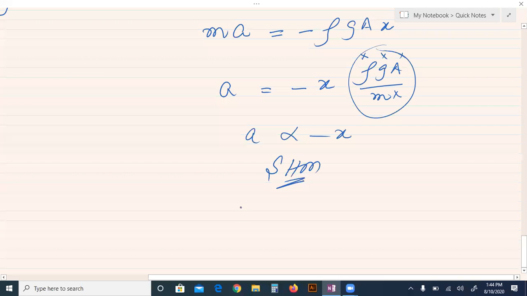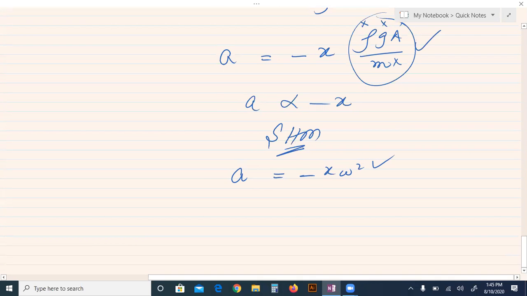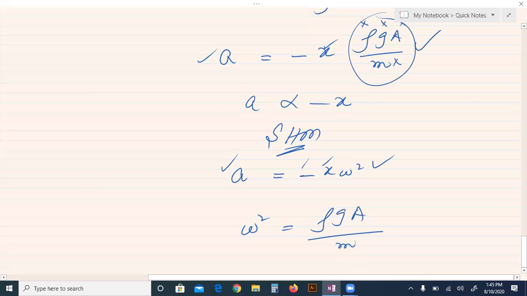Now, the standard equation for this is a equals minus omega squared x. Now compare these two equations: x, x, minus, minus. So omega square is equal to rho g A over m.